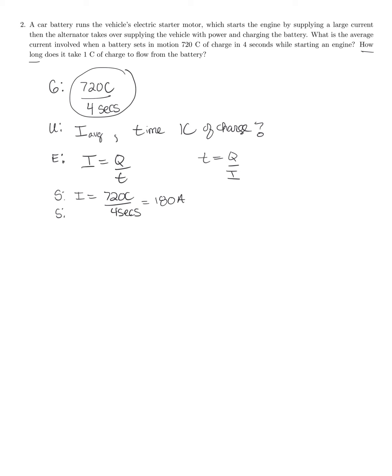So, we'll say T equals 1 coulomb divided by our 180 amps. And let's see. It's going to take 5.56 times 10 to the minus 3 seconds.